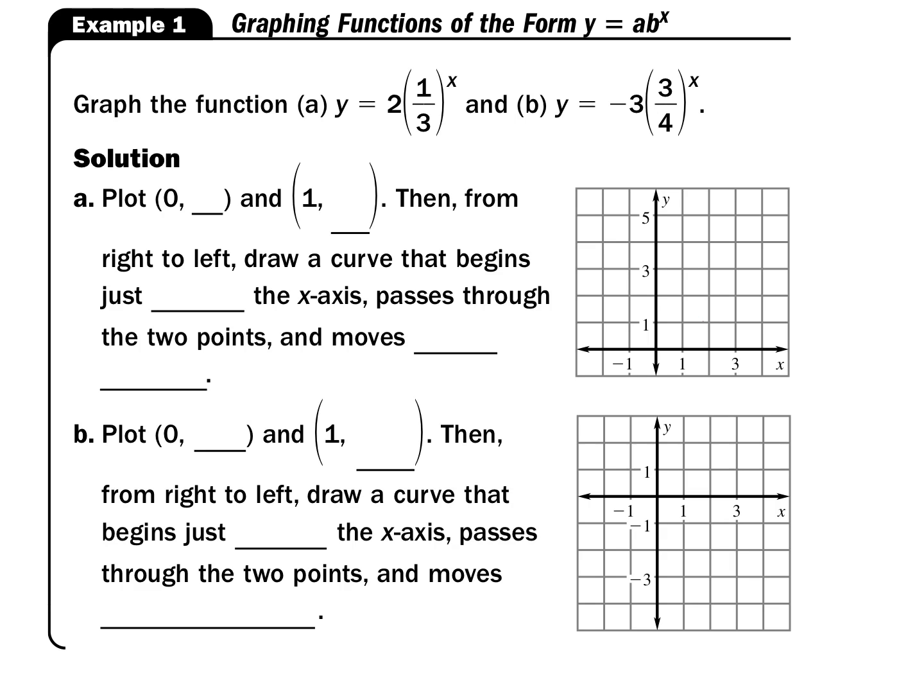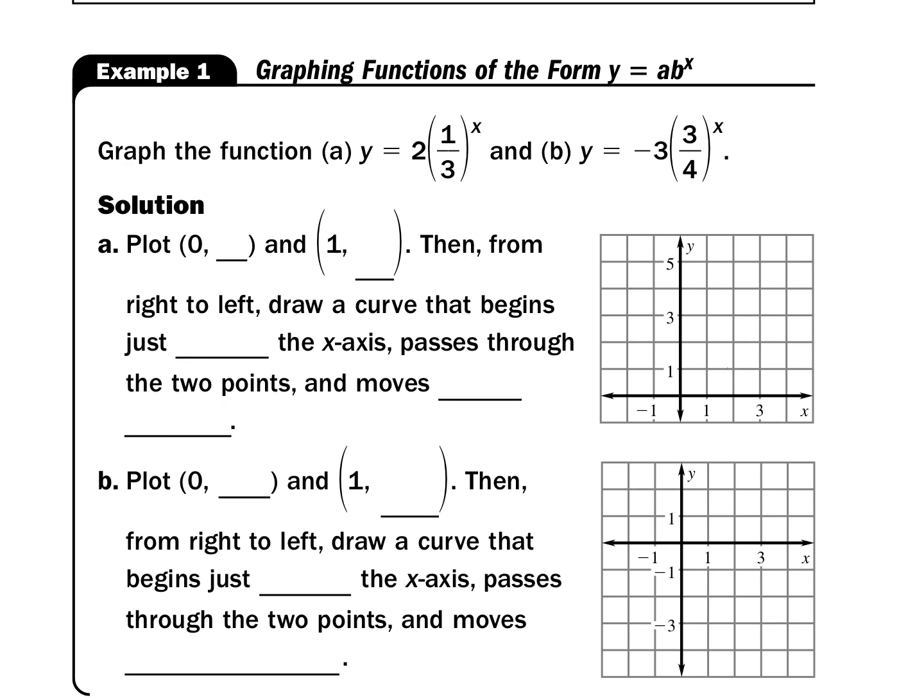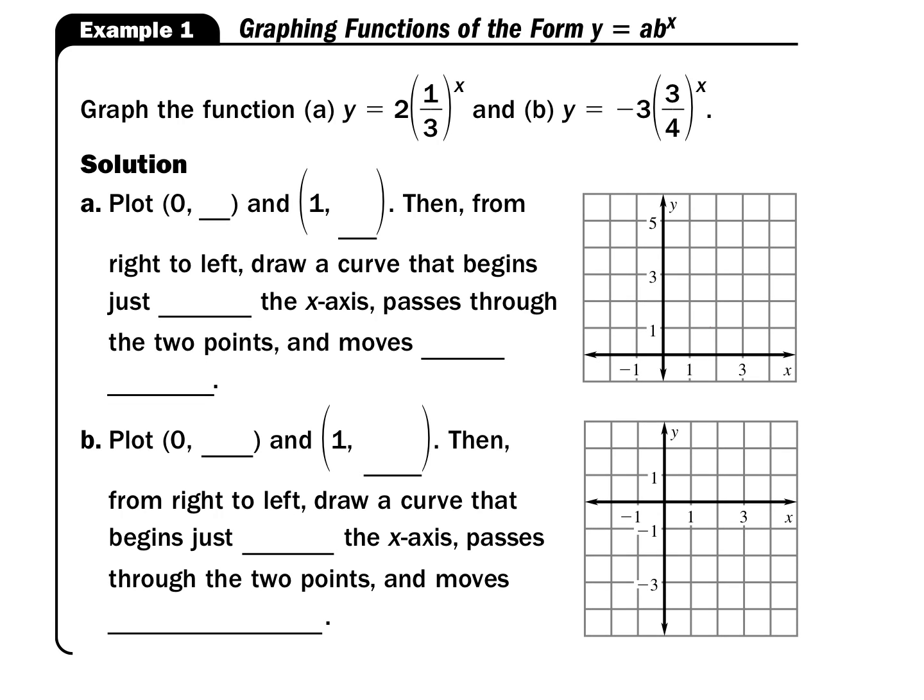So example 1, graphing functions in the form y equals ab to the power of x. Just like it was for the exponential growth, except now our b is going to be less than 1, but greater than 0.